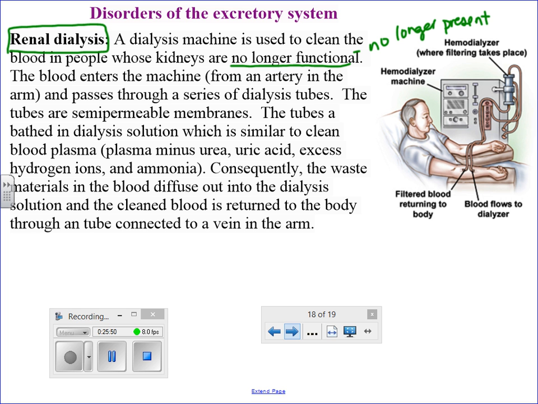Here's what happens. Blood enters the machine from an artery, just like blood enters your kidney through an artery. And it passes through a series of tubes. The tubes are semi-permeable membranes, kind of like how your glomerulus lets some things through but not others.